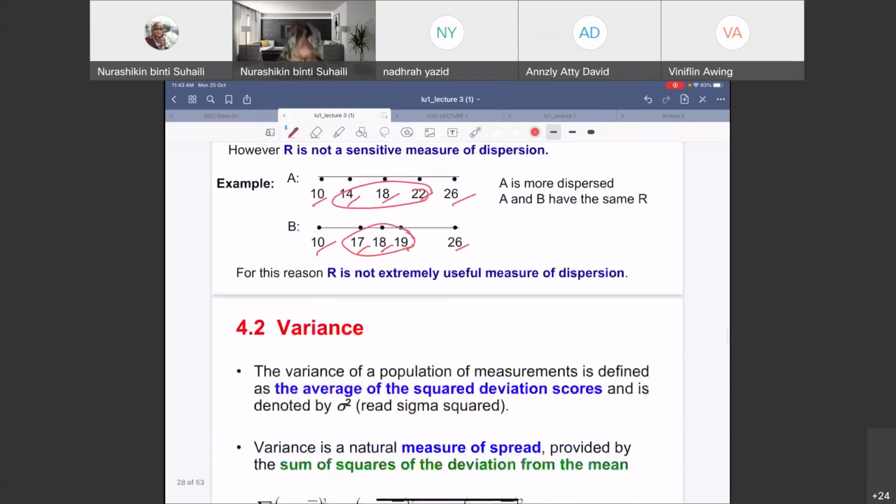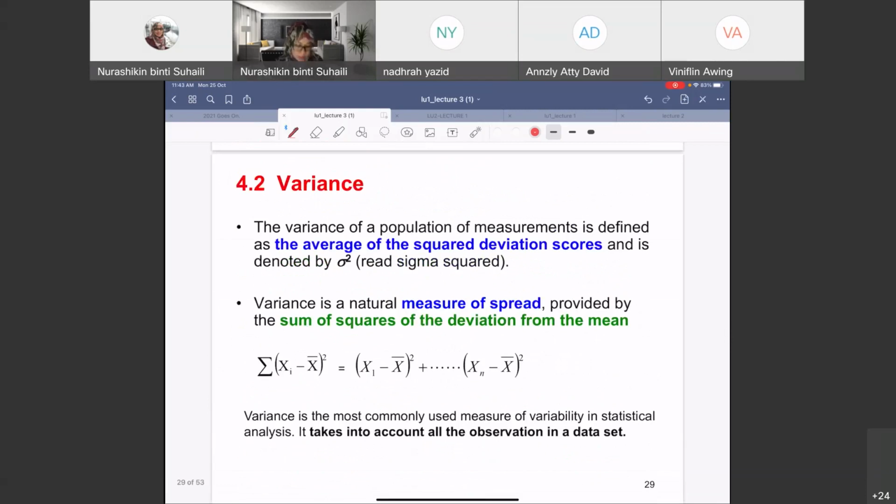The second parameter is variance. Variance is defined as the average of the squared deviation scores, and is denoted by sigma square. This symbol we call sigma. Let's say we have this distribution and we have identified the mean value, denoted as x bar.